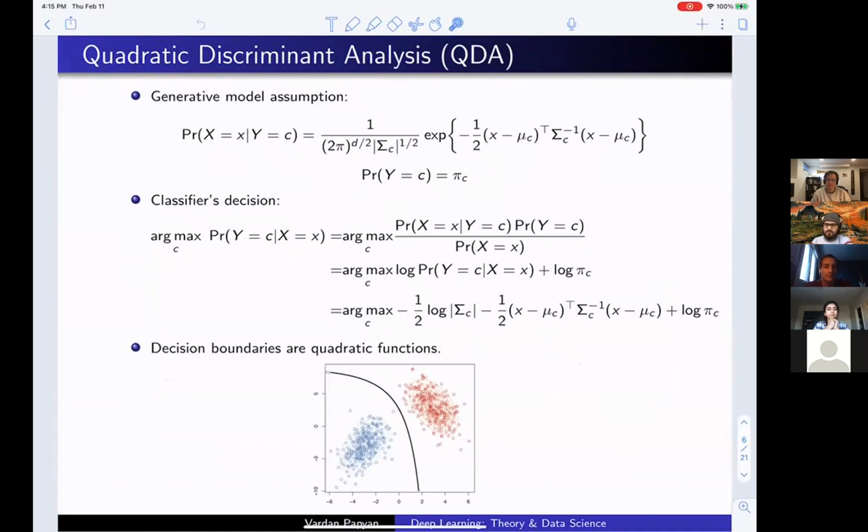In this generative model, one assumes that the distribution of the sample X given the class C is Gaussian, right? So this is a probability density function of a multivariate Gaussian. Do you recognize the Gaussian here? Have you seen Gaussians in your professional or non-professional life?